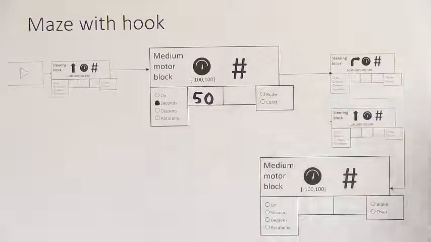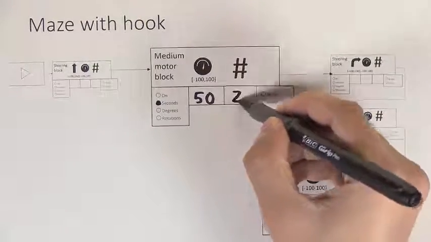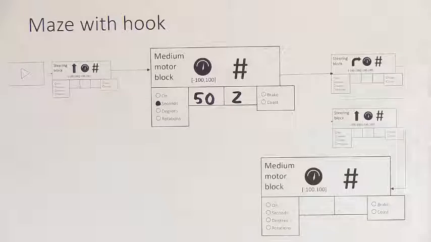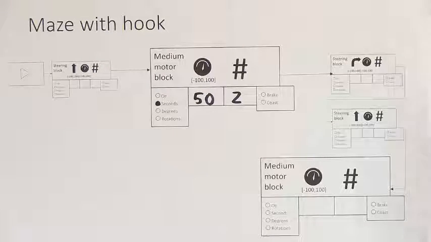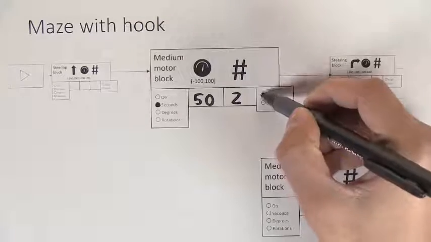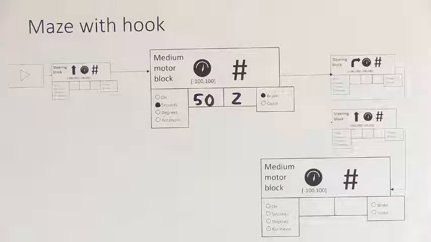And I chose the seconds to be 2. Now the way we determined seconds to be 2 was just by simple testing, as we would encourage you to do when you build your own robots as well. However, this number should work just fine for you. And then we have our break at the end.